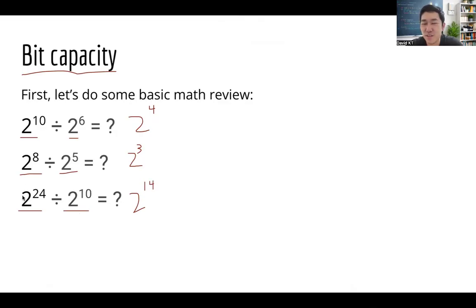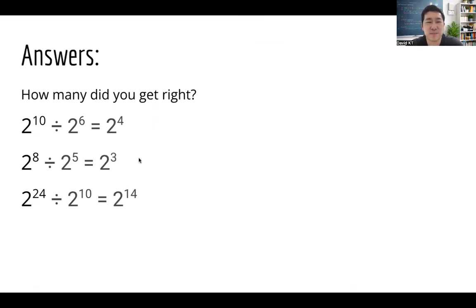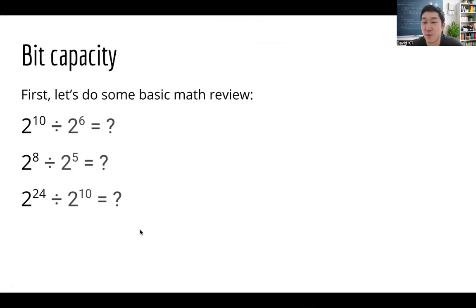So you all know how to do those? Perfect. If you don't, I recommend you go somewhere and practice exponents. So let's go here. These are the answers. 2 to the 4th, 2 to the 3rd, and 2 to the 14th, which is exactly what we wrote.